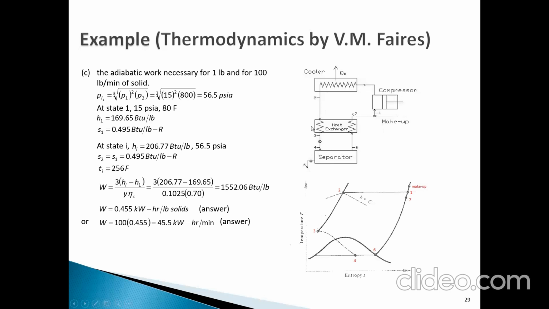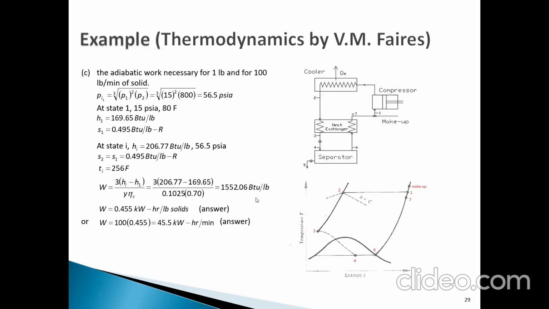Multiply mo to ng Y. 1 over Y eh. Kasi a fraction nun is Y, so magiging Y to. So, ito, 1 over Y minus Y. So, this is for 1 pound, there is 1 over Y. For 1 pound of product, there is 1 over Y pounds of carbon dioxide.